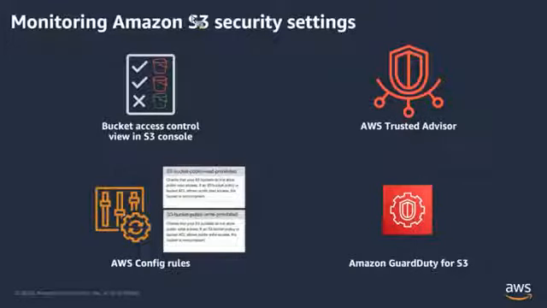Now, in July 2020, we released Amazon GuardDuty for S3. The anomaly and threat detection for Amazon S3 activities that was previously available in Amazon Macie has been enhanced and reduced in cost by over 80% as part of Amazon GuardDuty.